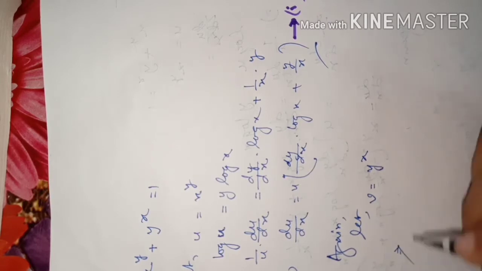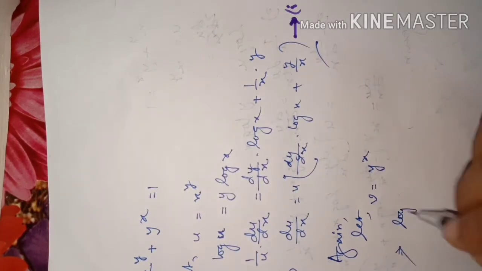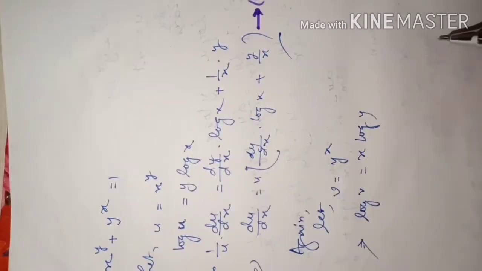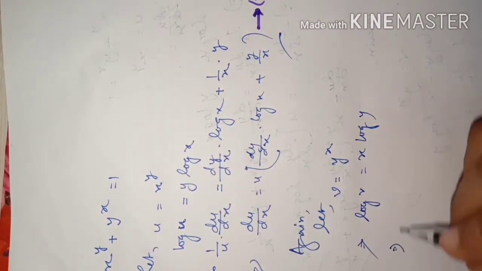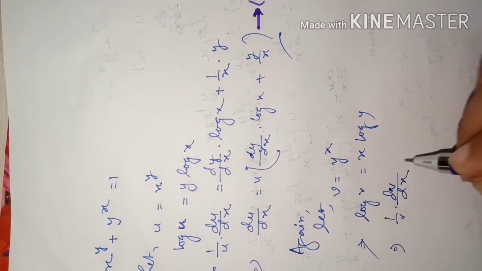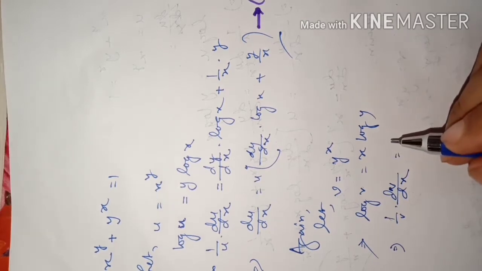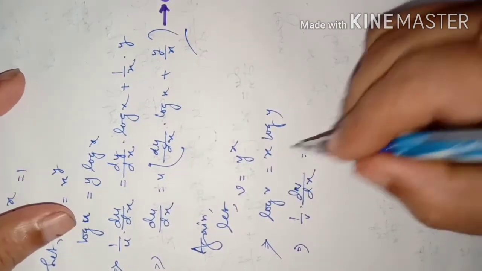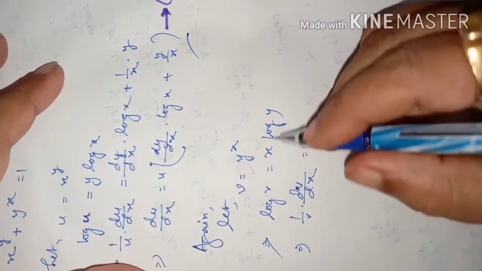Then log v will be equal to x times log y. So then by applying differentiation, 1 by v dv by dx is equal to, again by the product rule, we can find out. So dx by dx is equal to 1, so d by dx of x is 1.